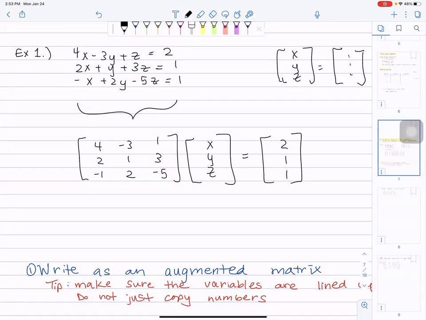What if they had written the third equation as 2y minus x minus 5z equals 1, and you had blindly written down the numbers, you would have written 4, 2, which would have been incorrect. So make sure first that all your variables are lined up before you write it in a matrix.